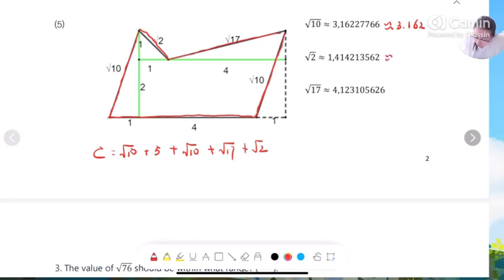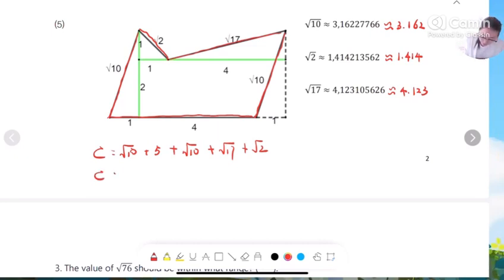The square root of 2 accurate to 3 decimals is 1.414. The square root of 17 accurate to 3 decimals is 4.123.